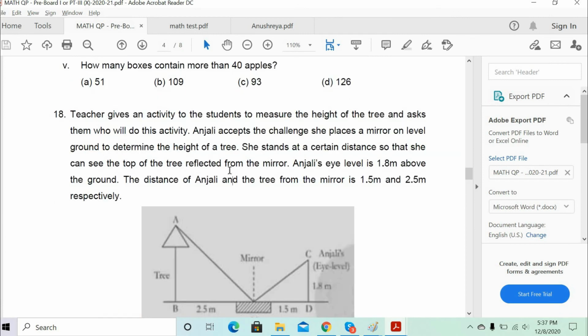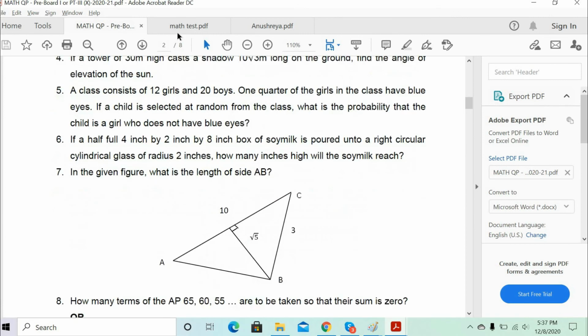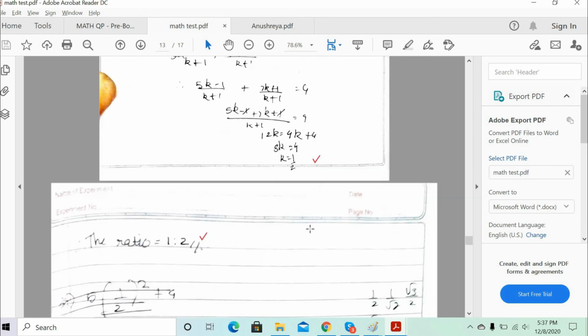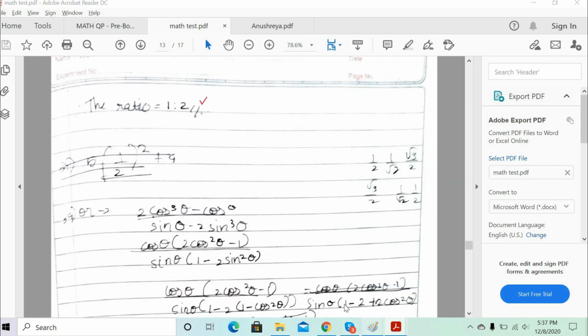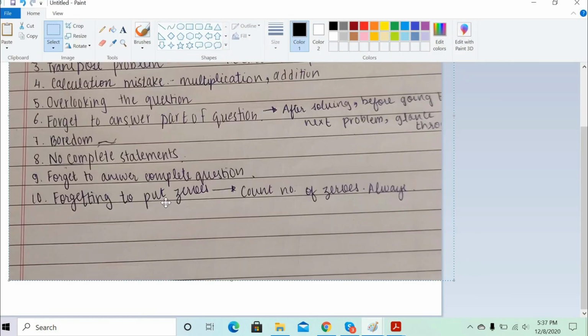So this part is done. Now let's go to the next of the mistakes which generally happen: forgetting to put the zeros, so count the number of zeros always.